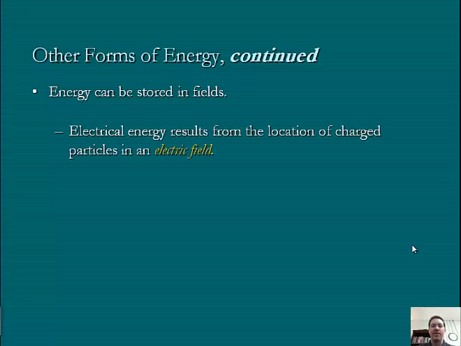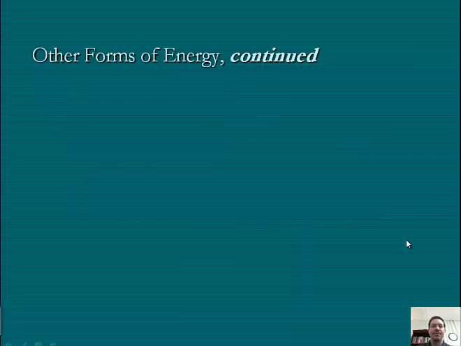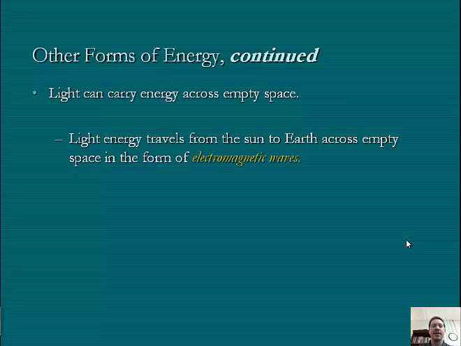Energy can be stored in fields. Electrical energy results from the location of charged particles in an electric field, and when electrons are moving from an area of higher electric potential to areas of lower electric potential, they will gain energy. Light can carry energy across empty space. Light energy travels from the sun to Earth across empty space, and we call the form electromagnetic waves.